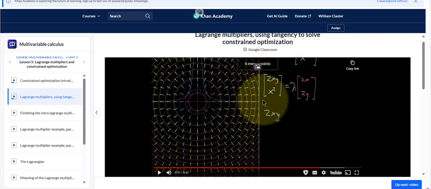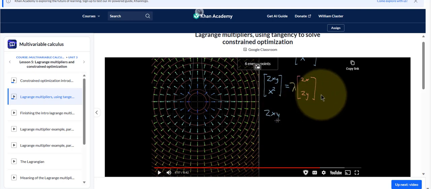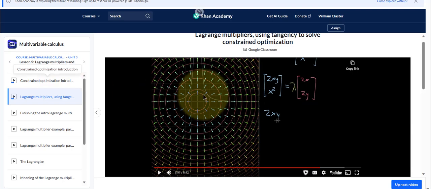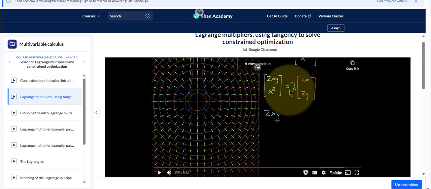And this is kind of the gradient representation, or the vector representation, of that observation about the gradients being multiples of each other. But once again, when these are equal to each other, it means that this has to equal this times lambda, and this has to equal this times lambda.